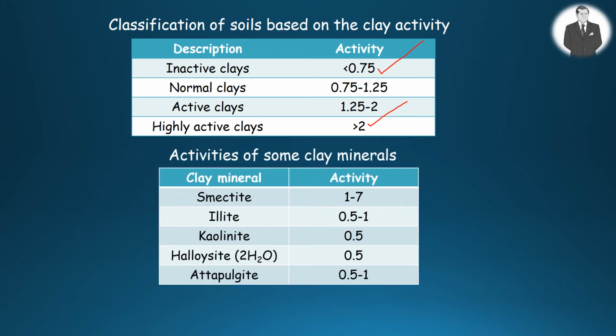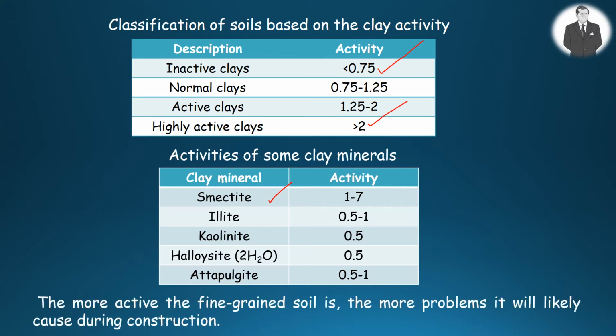Activities of some known clay minerals are also given in the table here. If you notice, smectite has the greatest activity value among the others. From all these, we understand that the more active the fine-grained soil is, the more problems it will presumably cause during construction.